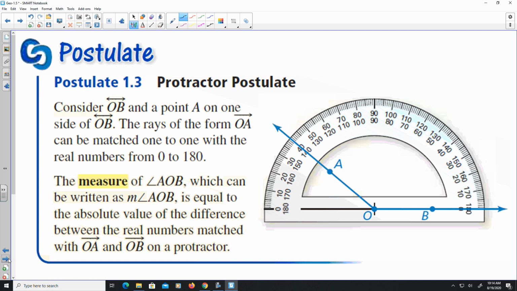So here it says the measure of AOB, again they have O as the middle term, can be written as the measure of angle AOB.